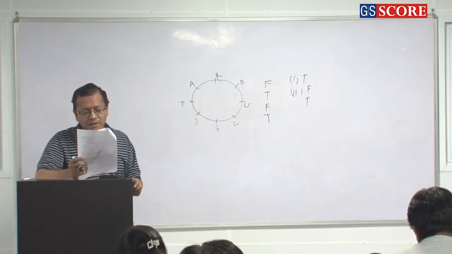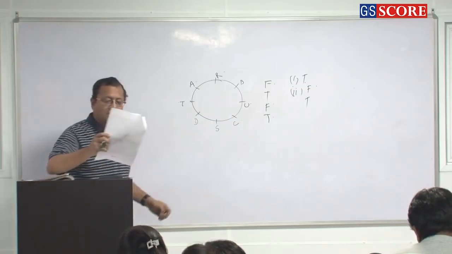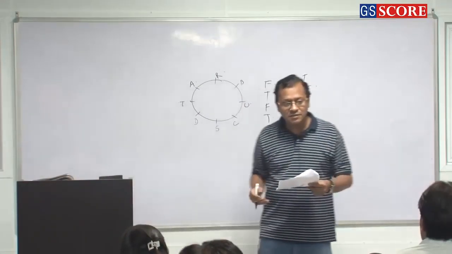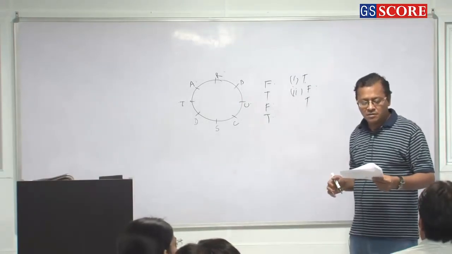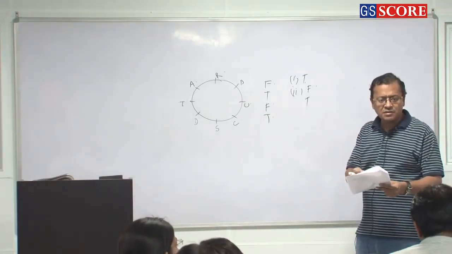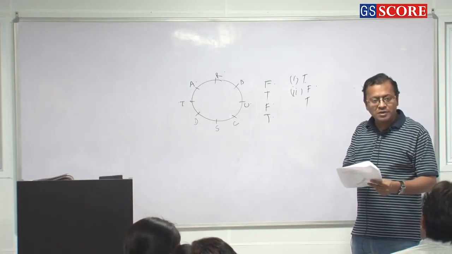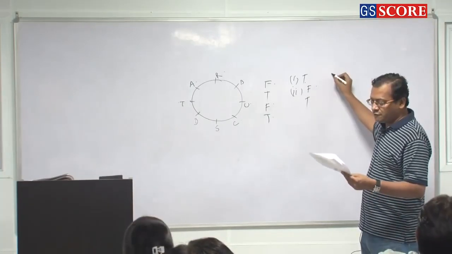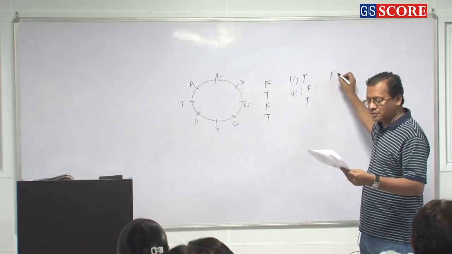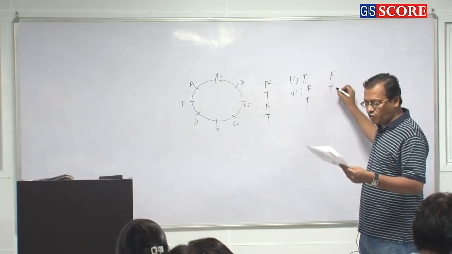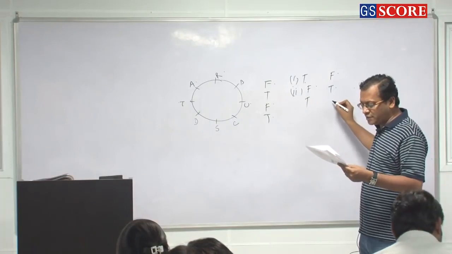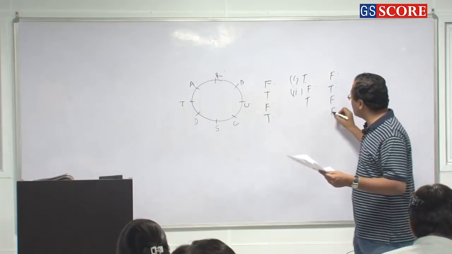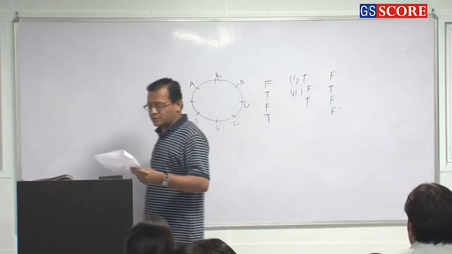Then try jalebis. Now let's see the options. Ice cream and gulab jamun you have tested, now let's look at jalebi. So let's try J. First one is false, second one is true, third one is false, fourth one is false, which means he has eaten jalebis.